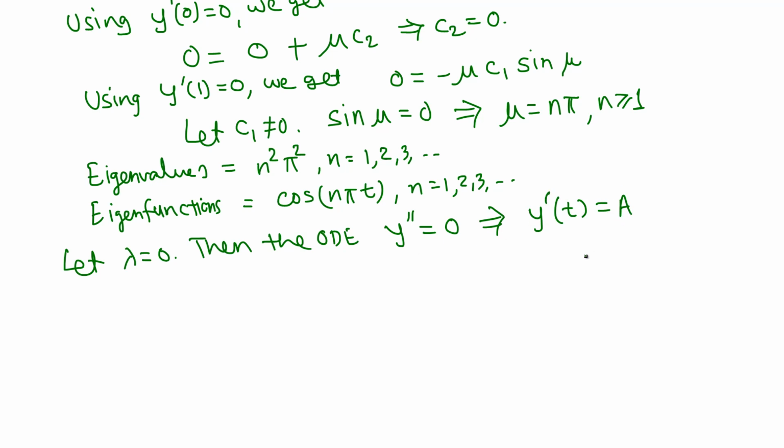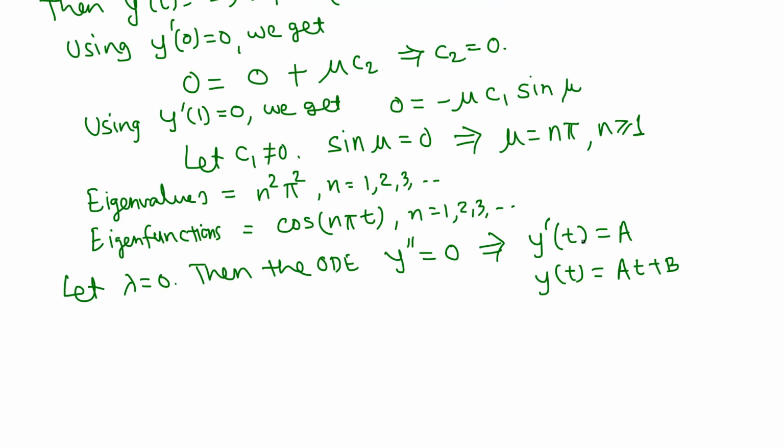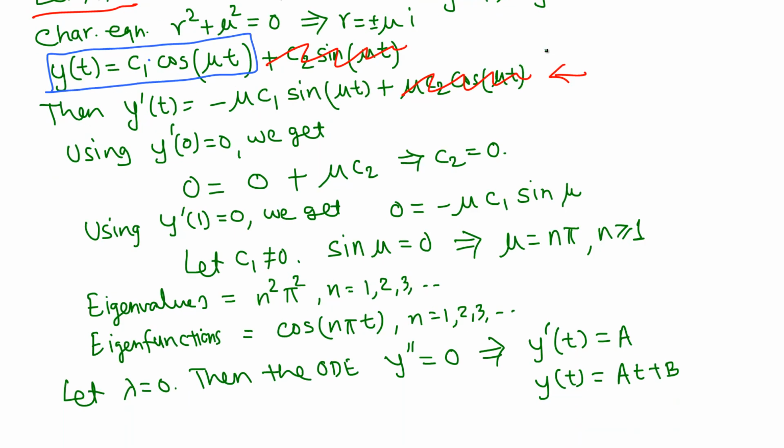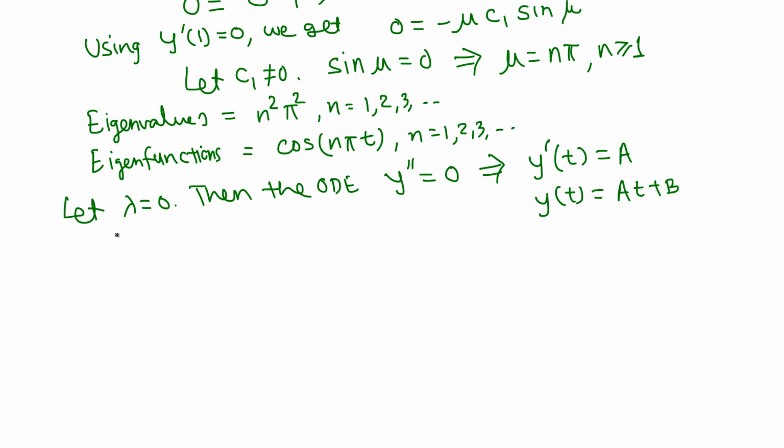Integrate one more time, so we get y of t equals a t plus b. So this is the solution. And if we go back here, y prime at 0 is 0, y prime at 1 is 0, so we use these two boundary conditions to determine a and b.